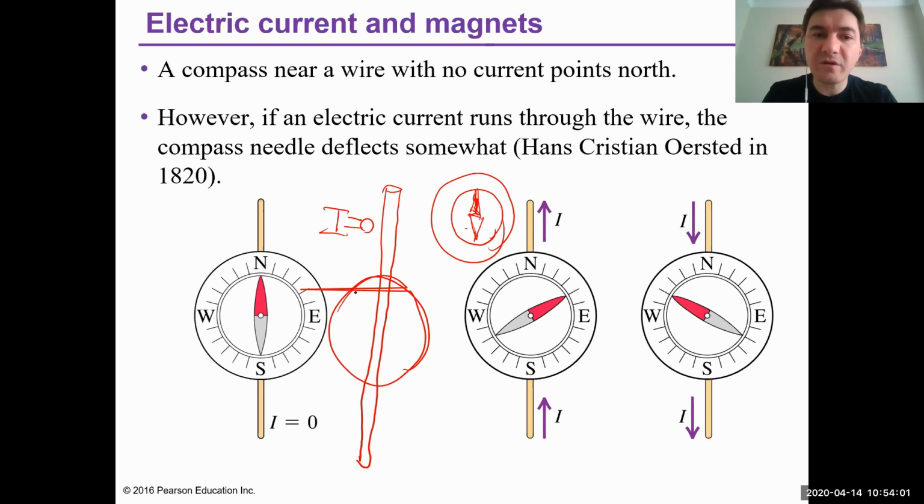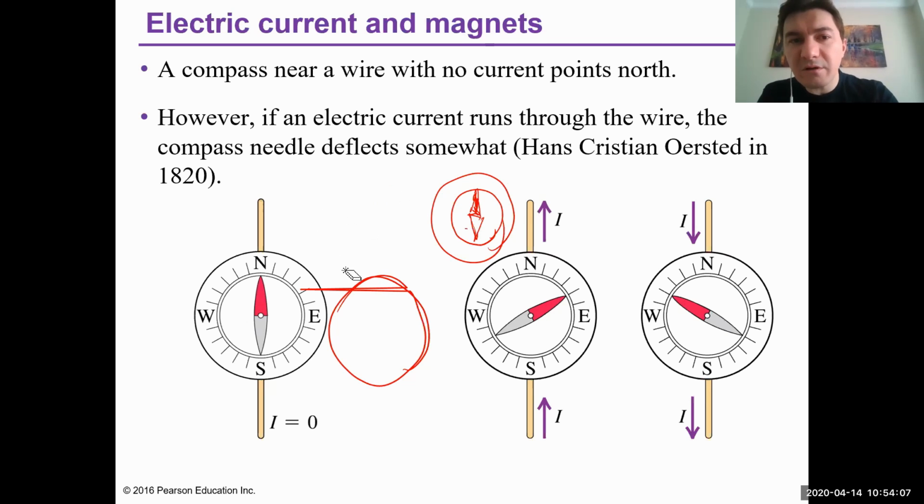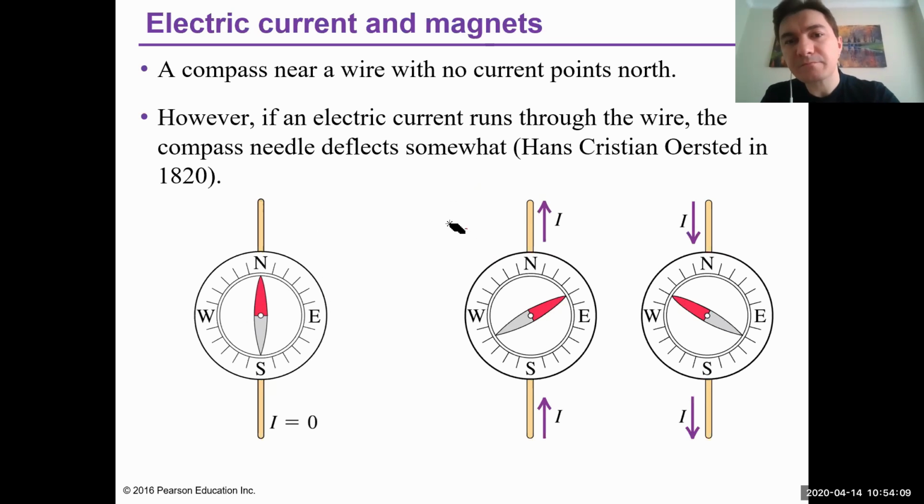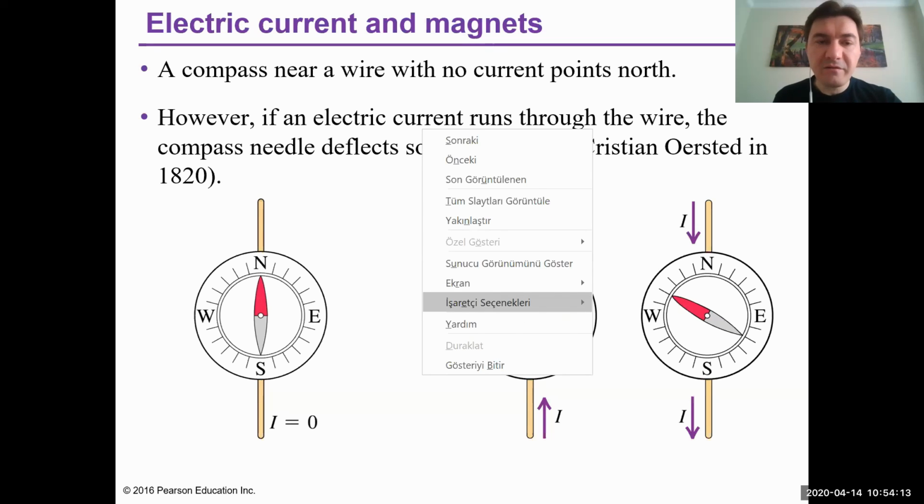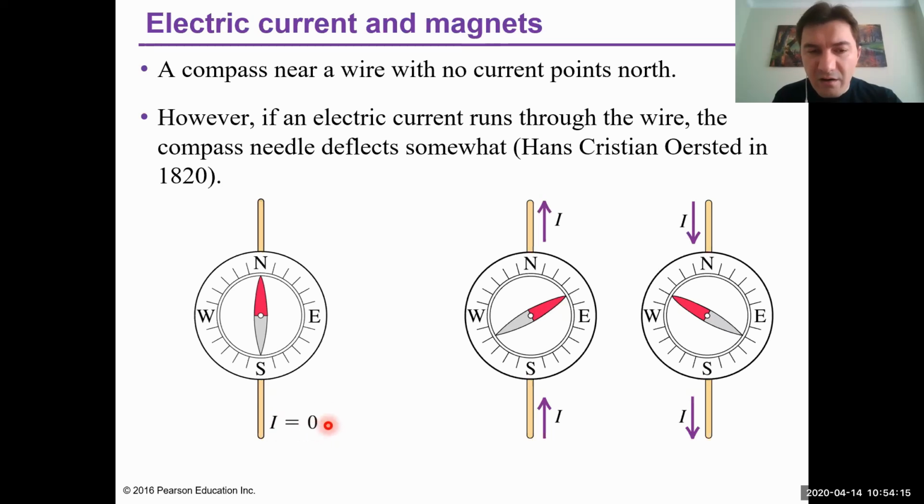So this is what we have done here on the left side. So now let me continue. If there is no current, this compass will not be affected, okay? It will continue to show the North Pole.